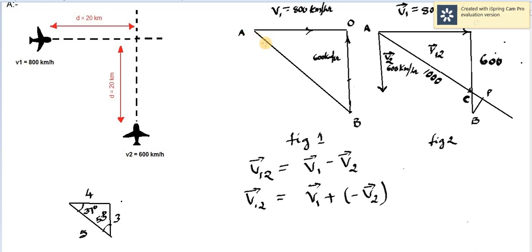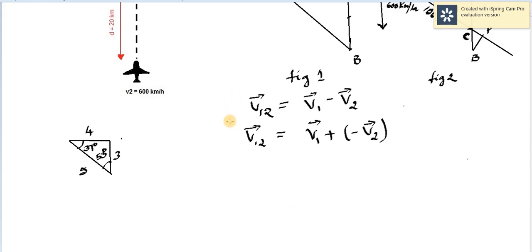At what time? That is what we are now going to calculate. We know that velocity is equal to distance travelled over time. So this implies that T is equal to S by V.